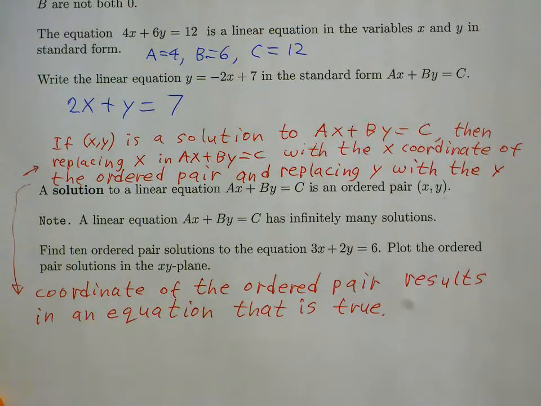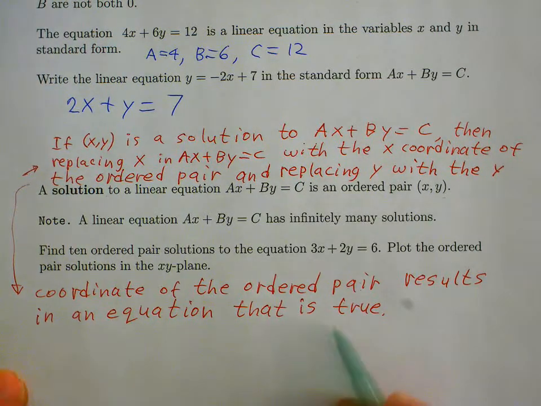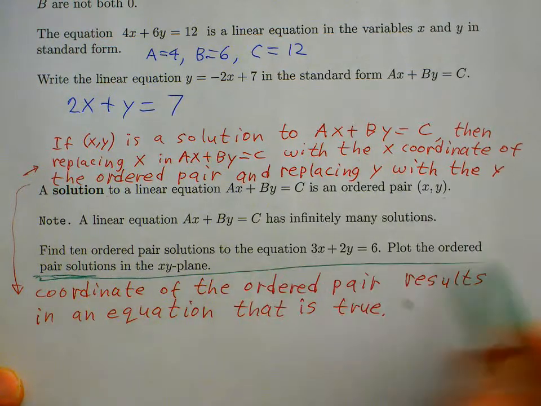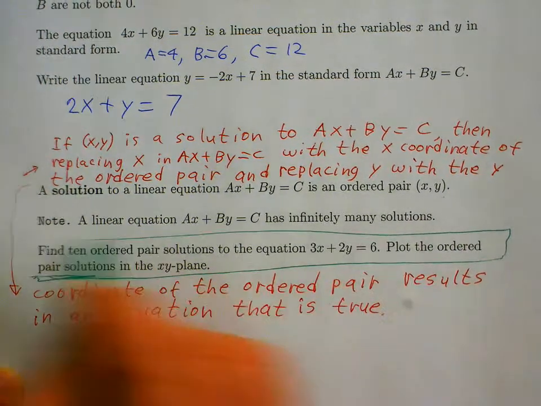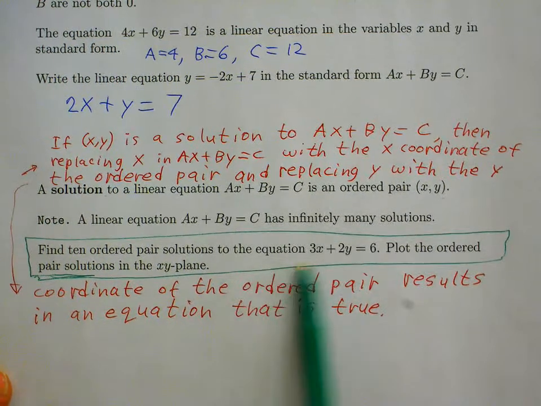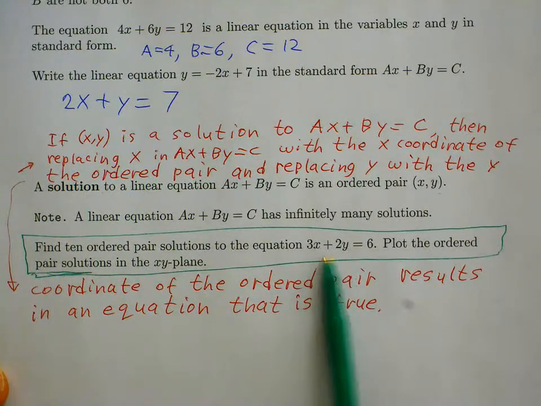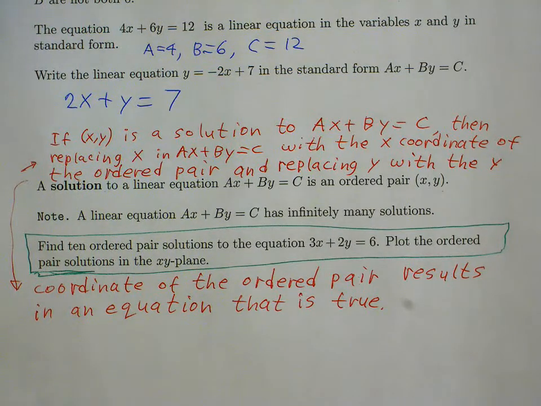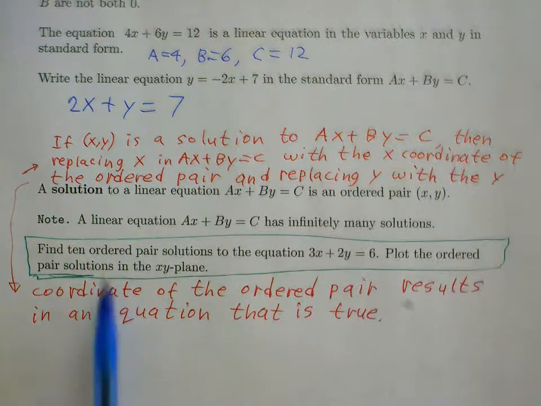Okay, so let's work on this exercise here. Let's find 10 ordered pair solutions to the equation 3x plus 2y equals 6. Remember my note from above?